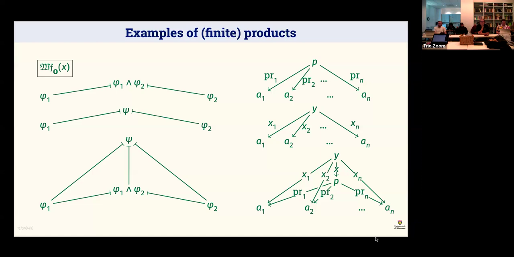By the rule of elimination of conjunction, there is always a proof from the conjunction to either of the factors, and for the rule of introduction of conjunction, given a proof from a single formula psi of phi1 and another proof of phi2, one can construct a proof from psi of the conjunction of phi1 and phi2. That's saying precisely the two rules of introduction and elimination.